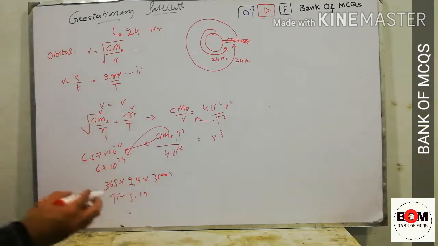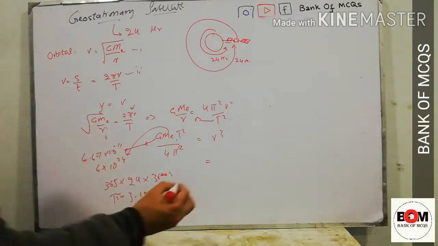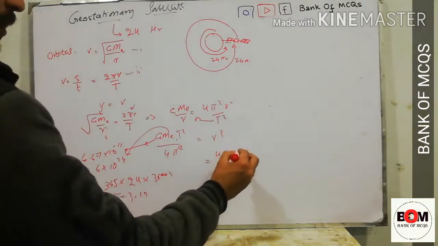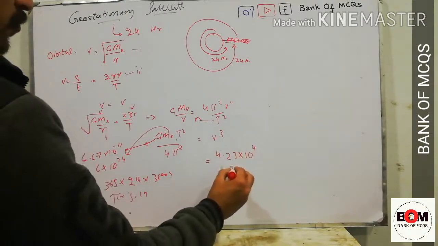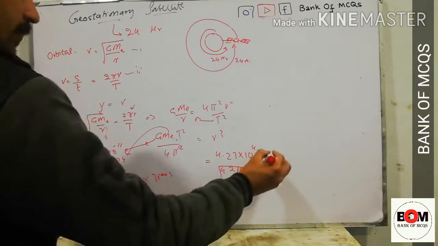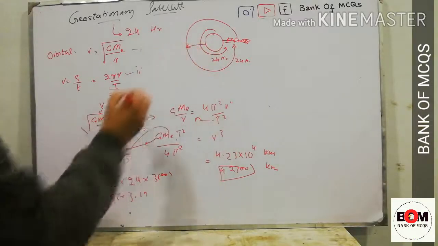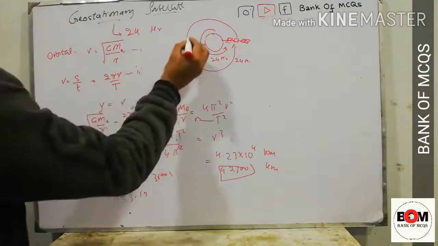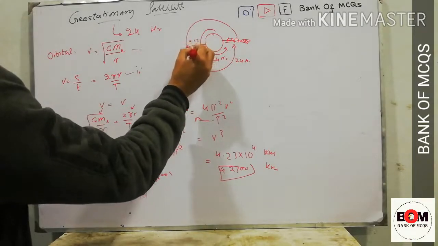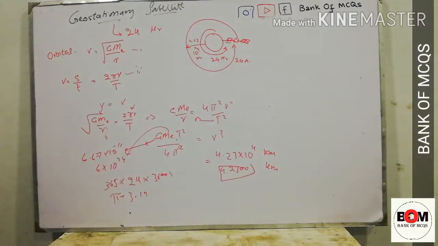Solving all of these, we will get the value of the radius, 4.23 multiplied by 10 to the power 4, or 42300 kilometer. So this is the radius: if the satellite is 4.23 multiplied by 10 to the power 4 kilometer away from the earth, it will take exactly 24 hours to rotate about the earth.